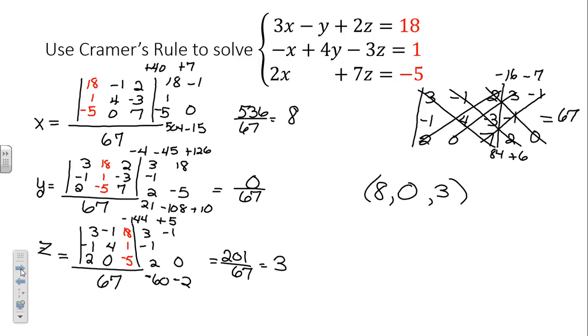For z? It should be, it's positive 67. We had a -144. Yes, it should be a negative, shouldn't it? Because a negative, yes, I'm sorry, -3. Good catch. Lost my sign. Other questions on this one?